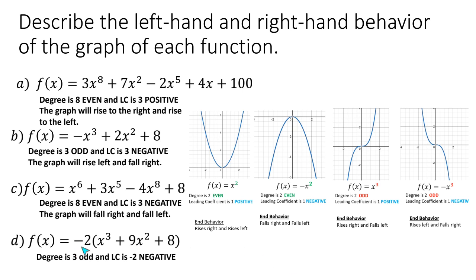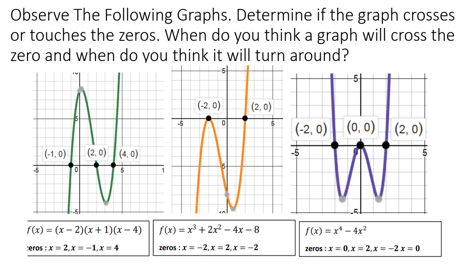So if I multiply -2 times x cubed, then my degree is still going to be 3, and my leading coefficient is actually -2. And so that graph is going to behave like our last graph. So we say that the graph rises left and falls right. In a little bit, we'll put it all together.